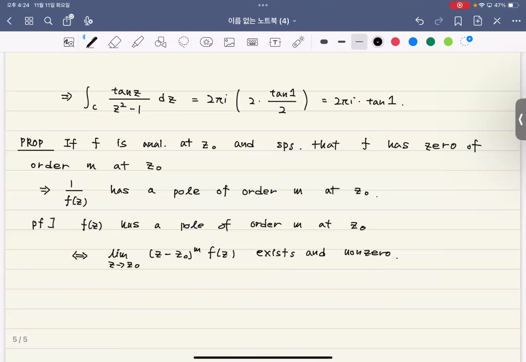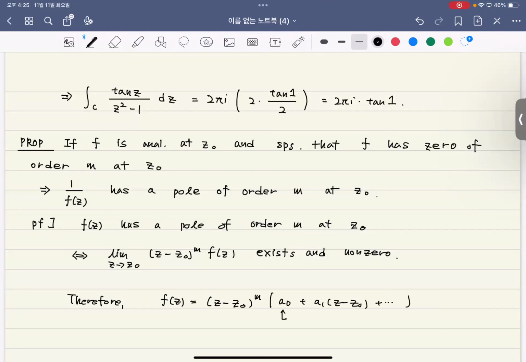Okay, so therefore, because our assumption says that f has a zero of order m at this point, around when z is very close to the point z0, you should expect this kind of Taylor expansion: a0 and a1 times z minus z0 and so on.